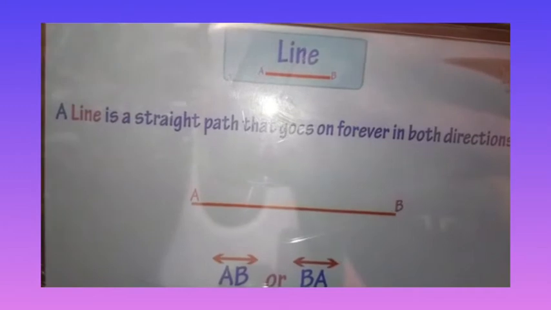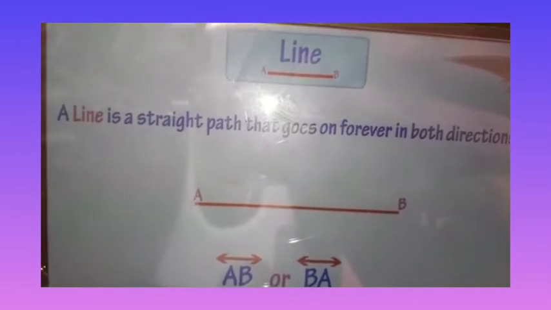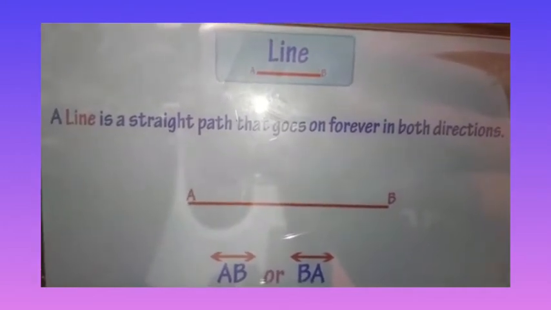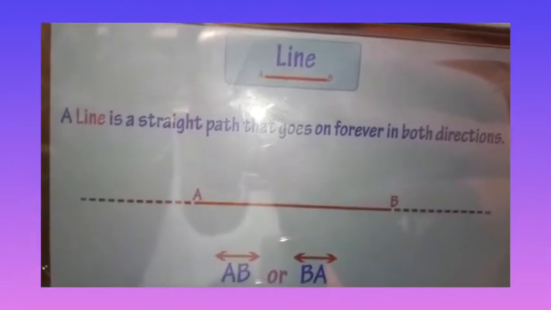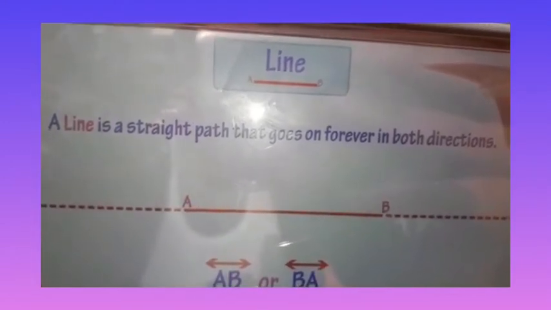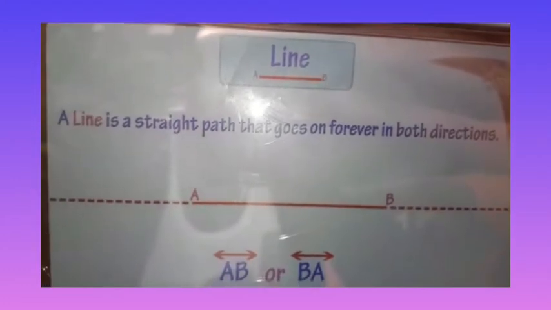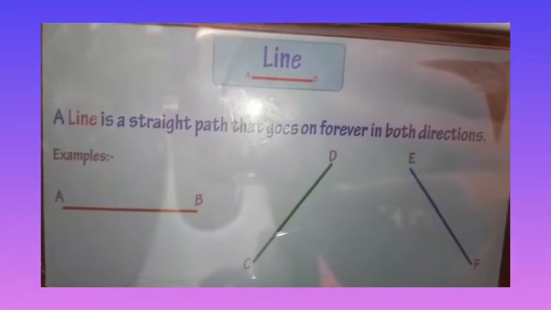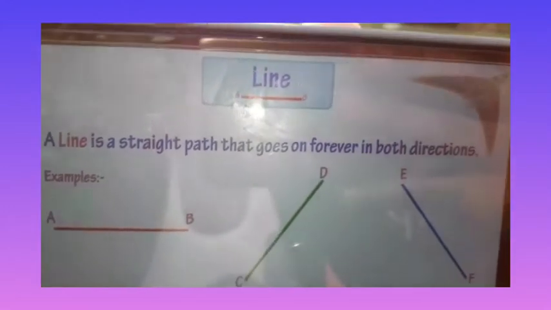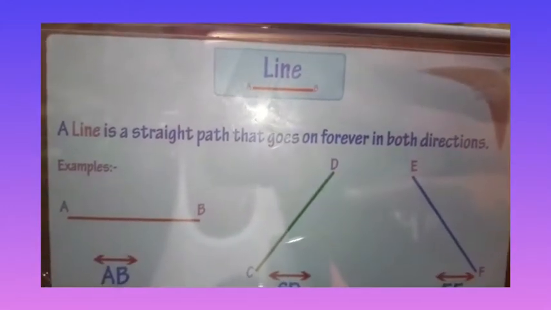This symbol is made on top of the name of a line. It denotes that the line goes on forever in both directions, and there is no endpoint on it. Here are more examples of lines. And this is the way we write them.